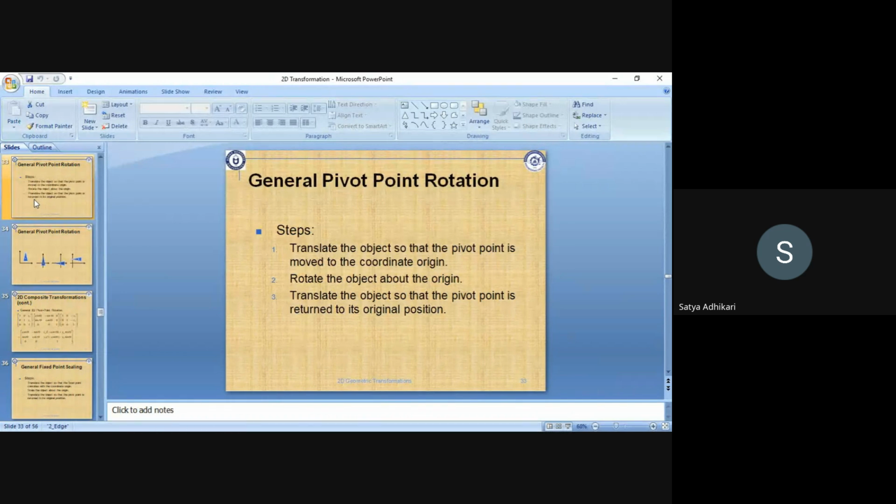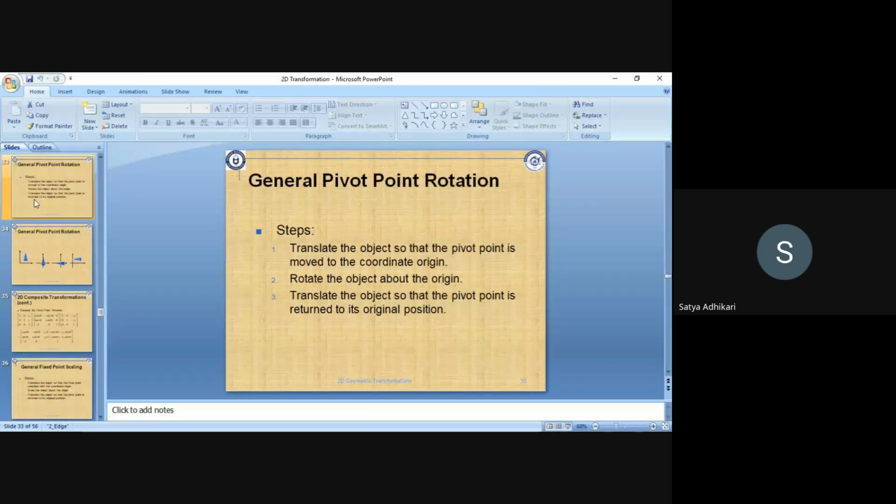You see, rotate the object about the origin. Once it is rotated, then you make the inverse translation. Translate the object so that the pivot point is returned to the original position. Inverse transformation, that is inverse translation. That is, step 1 and step 3 are opposite to each other. You first take the pivot point to the origin.